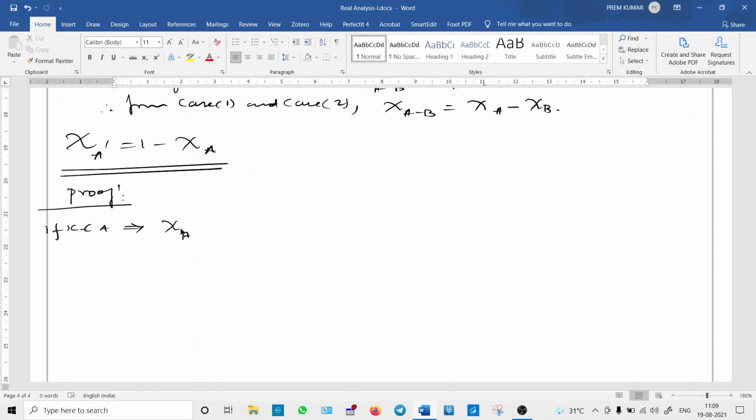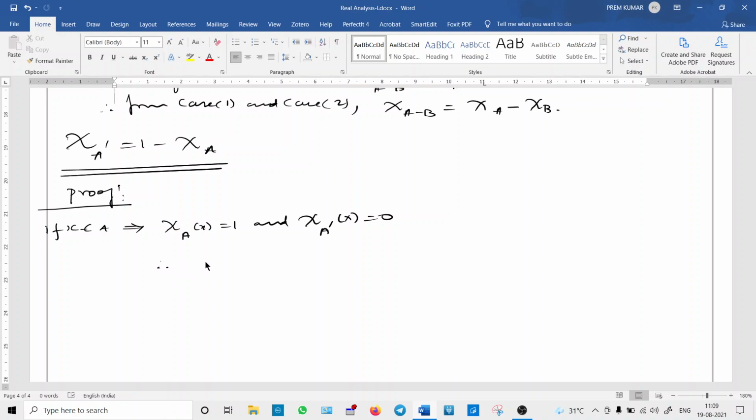Chi A of x equals 1, and if x belongs to A, x does not belong to A dash. So what is chi A dash of x? It becomes 0.